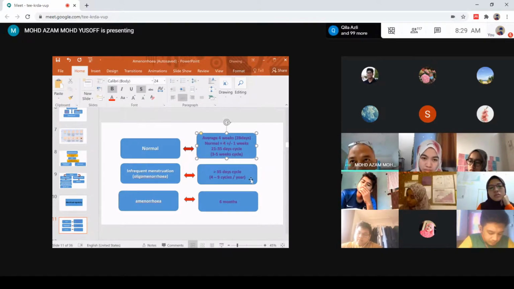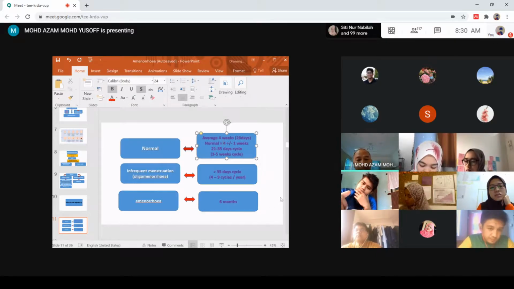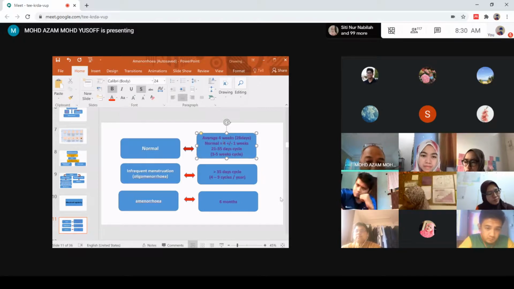Whereas amenorrhea is 6 months. Amenorrhea is 6 months. So there are 3 categories: normal, infrequent, and amenorrhea. Okay, clear? All right.